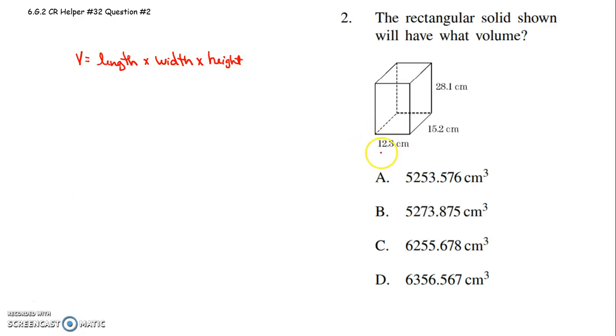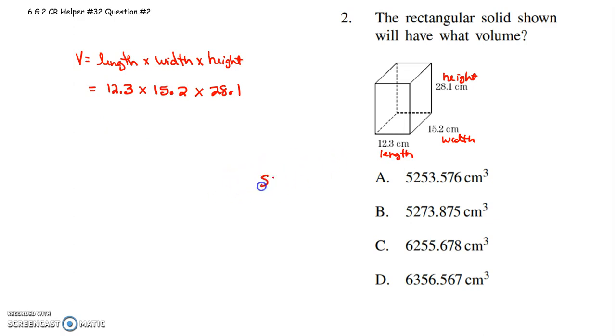So if I call this 12.3 my length, 15.2 my width, and 28.1 my height, I'll just substitute those numbers: in place of length I'll put 12.3, times 15.2 in place of width, times 28.1 in place of height. So the first thing I'll do is multiply 12.3 times 15.2.